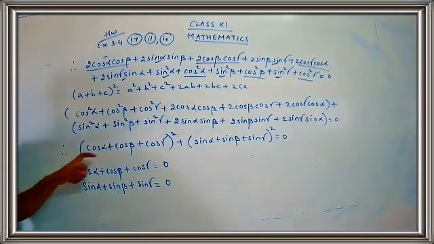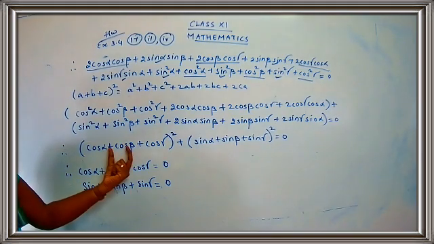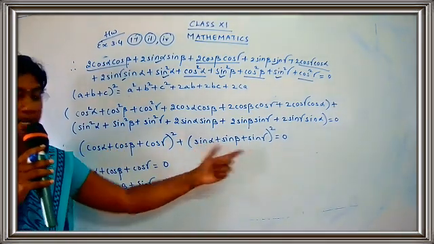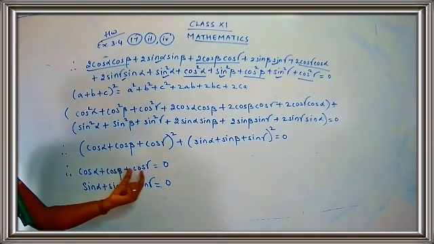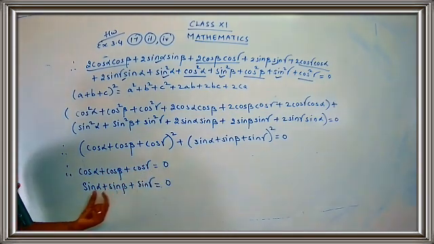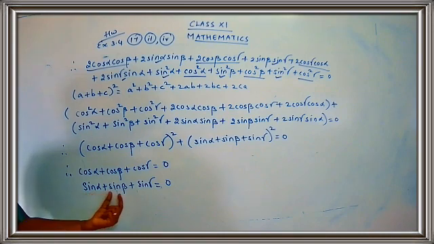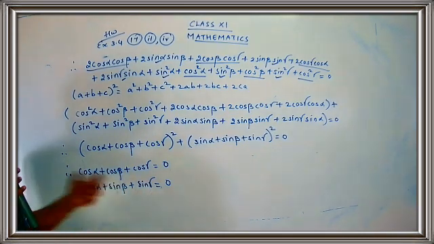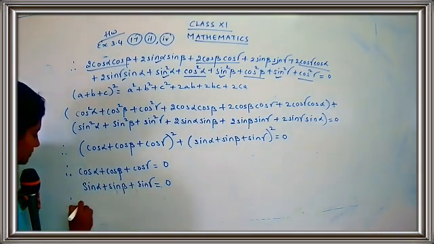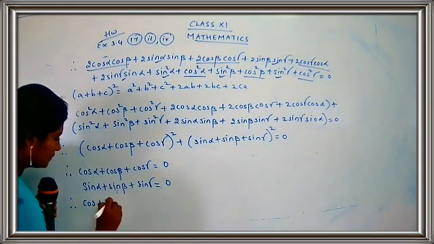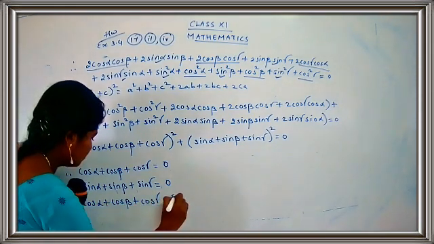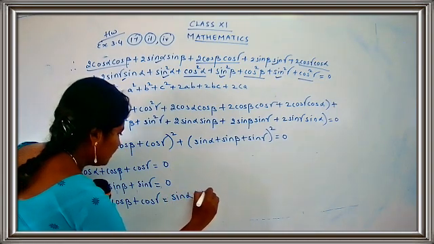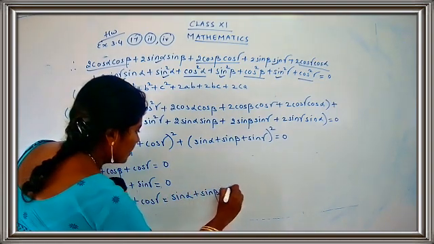Since if I take this part as 0 and if I take this part as 0, I get the answer as 0. So I can say that cos alpha plus cos beta plus cos gamma is equal to 0, and also sin alpha plus sin beta plus sin gamma is equal to 0. So you can conclude here that cos alpha plus cos beta plus cos gamma is equal to sin alpha plus sin beta plus sin gamma is equal to 0.